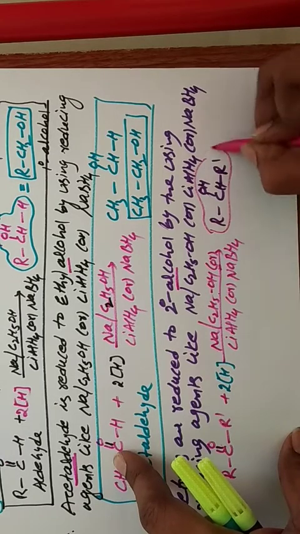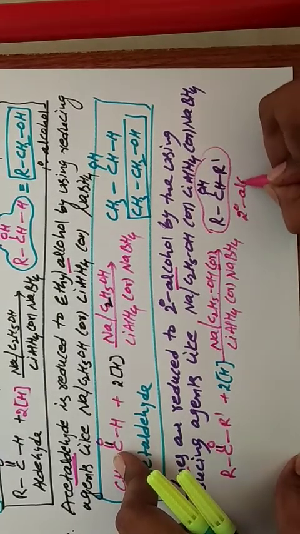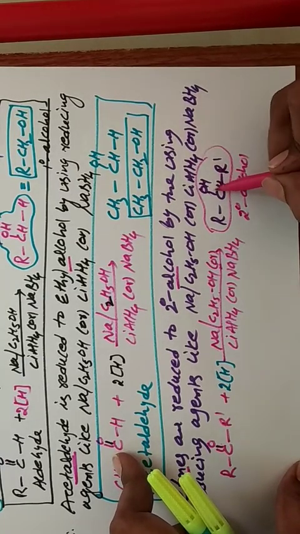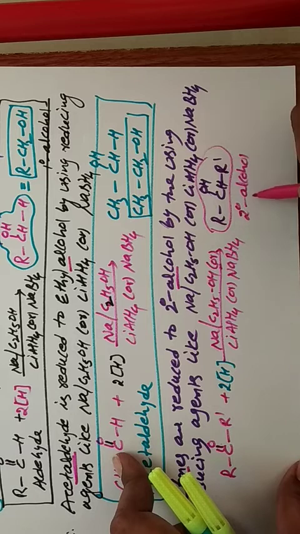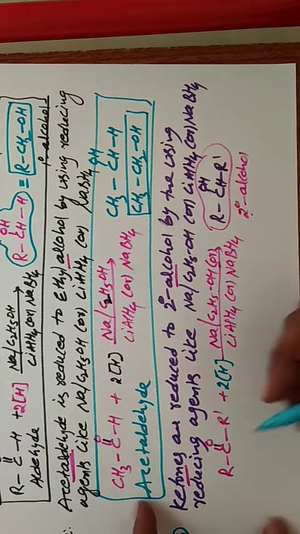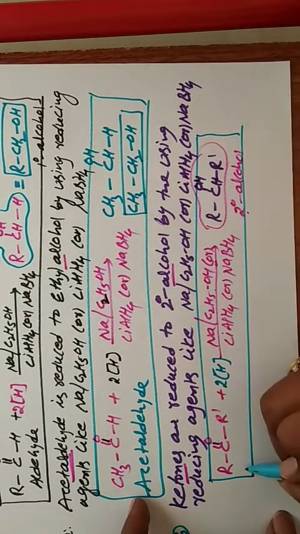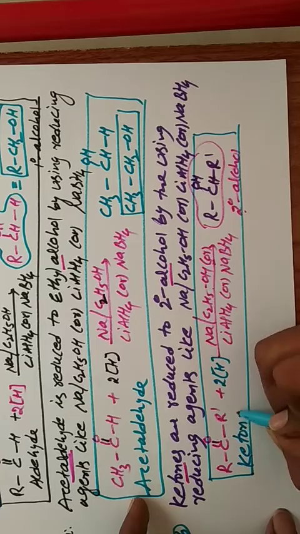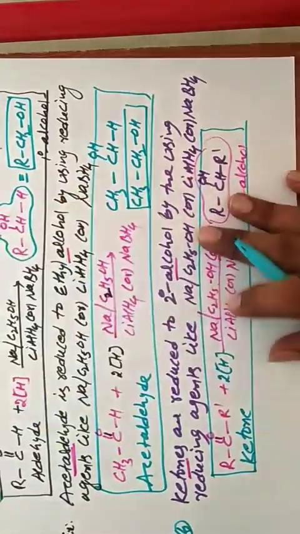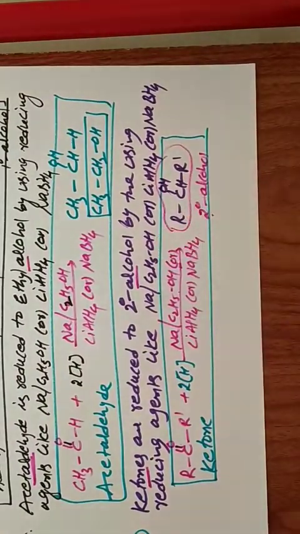Already we discussed it in the introduction: the OH group is attached to a carbon having 2 alkyl groups, that's why it is secondary alcohol. So this is the reaction of ketone. Directly we can write an example. What is the example for ketone?